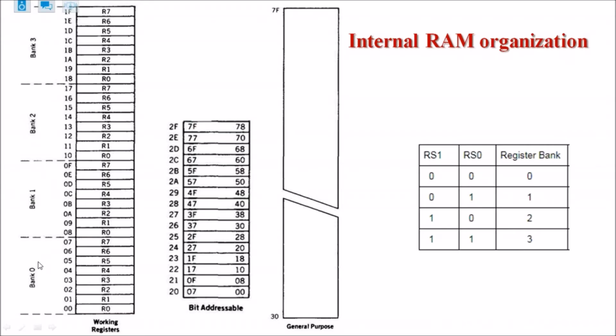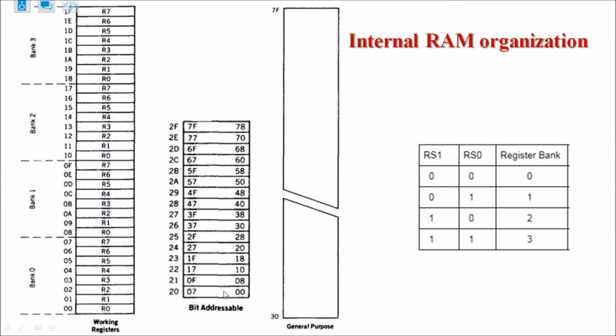Each bank has 8 registers. All registers are 8-bit size. The second part is bit byte addressable, where each individual bit is given an address and we can read and write this individual bit. And the third part is the general purpose memory area, where you can read or write 8 bits of data.